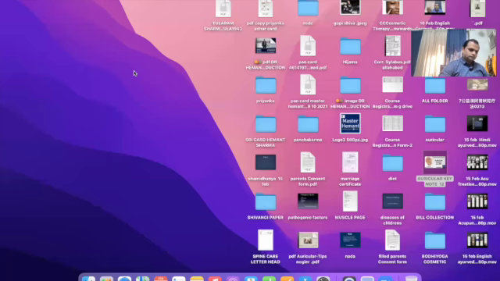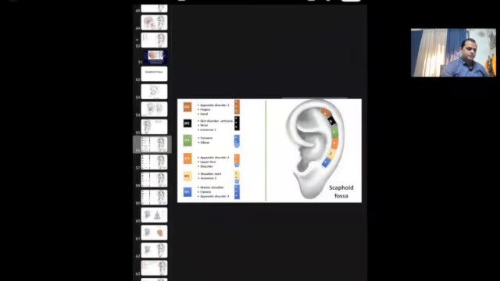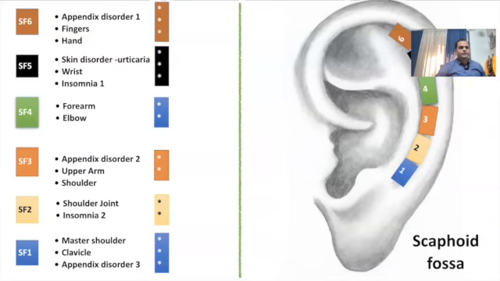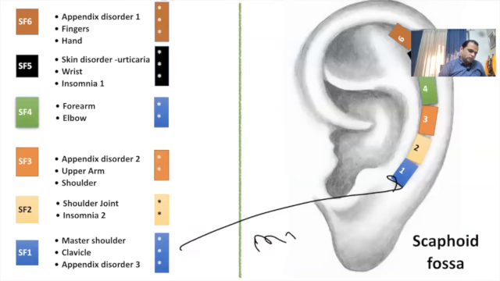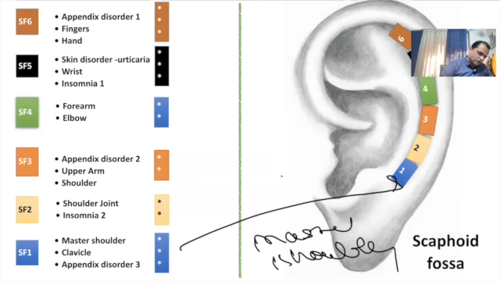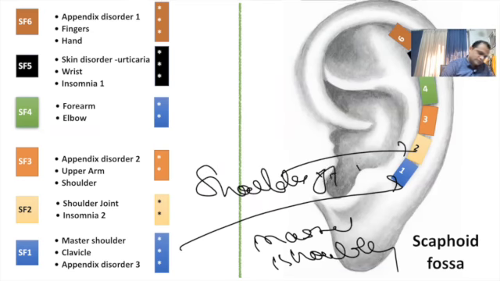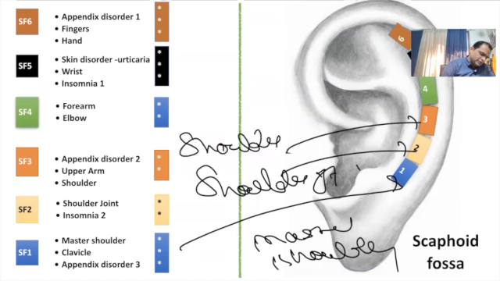So look at here. तो हम यही देख रहे हैं। अब हम यहां से बात करते हैं। So SF1 is the master shoulder. SF2 is the shoulder joint. SF3 is the shoulder and arm.